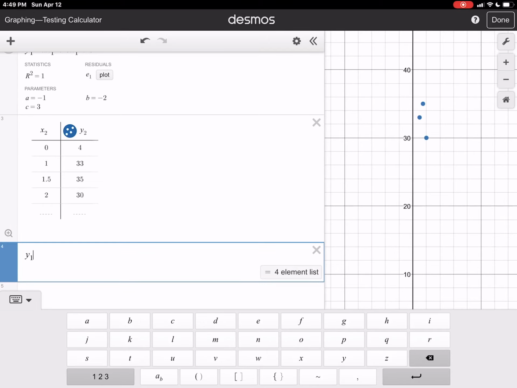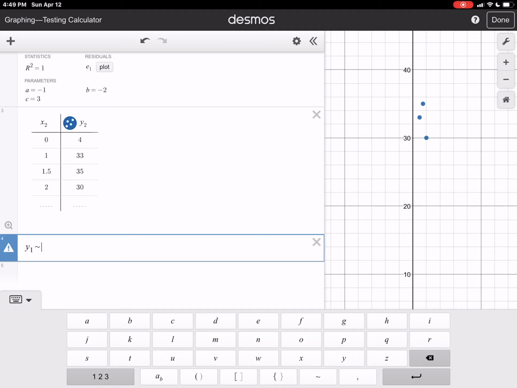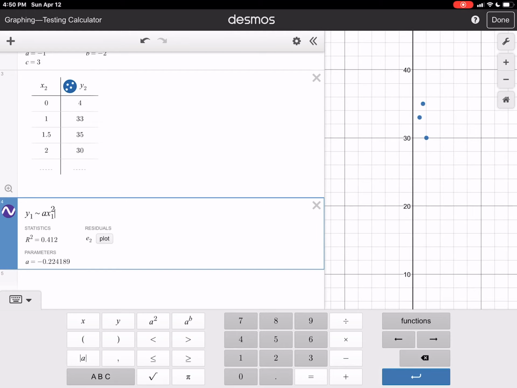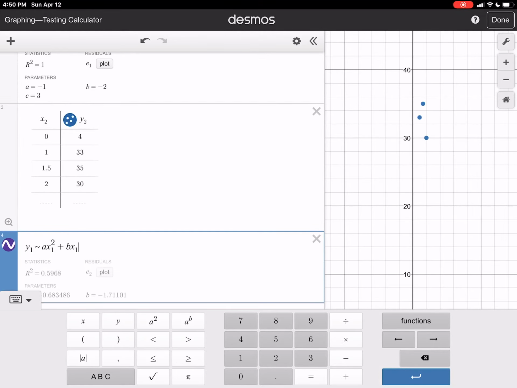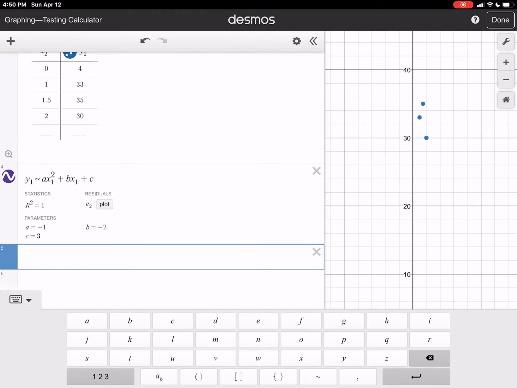y1, this little tilde, ax squared, x1 squared plus x1 plus c. Enter.